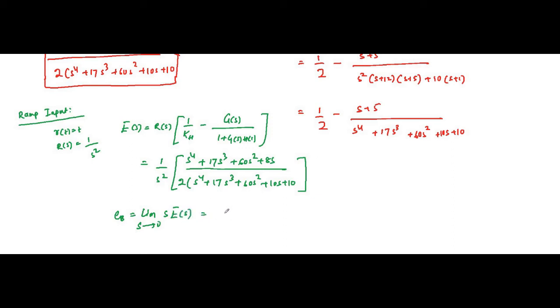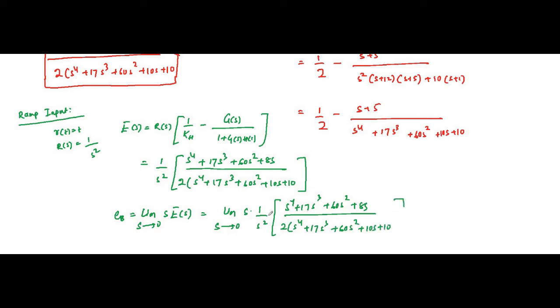So here when we do it, limit s tends to 0, s multiplied with this much, s into 1 by s square into (s4 plus 17s cube plus 60s square plus 8s) by 2 into (s4 plus 17s cube plus 60s square plus 10s plus 10). This s gets cancelled, it becomes 1 by s, which gets divided throughout the numerator.